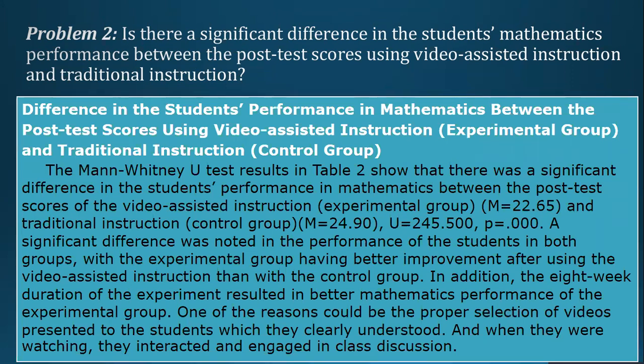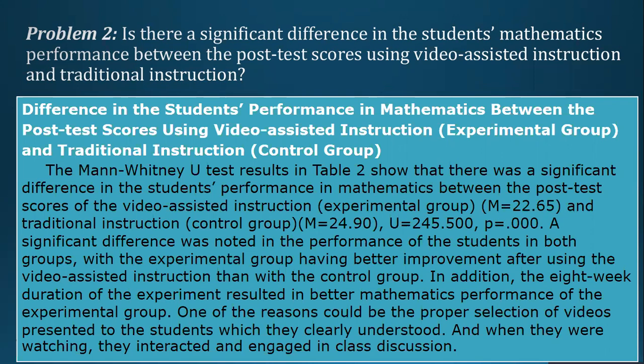So the Mann-Whitney U-test results in Table 2 show that there was a significant difference in the students' performance in mathematics between the post-test scores of the video-assisted instruction, which has a mean rank of 22.65, and the traditional instruction, which has a mean rank of 24.90, with the U value of 245.500 and P value of 0.000.